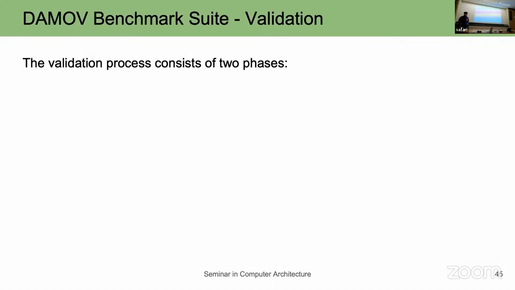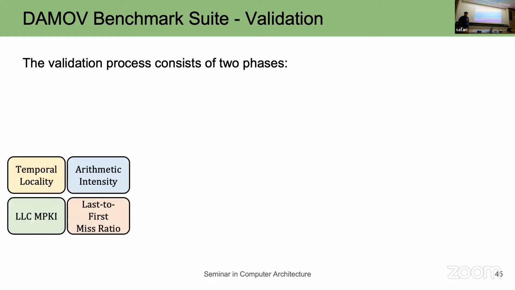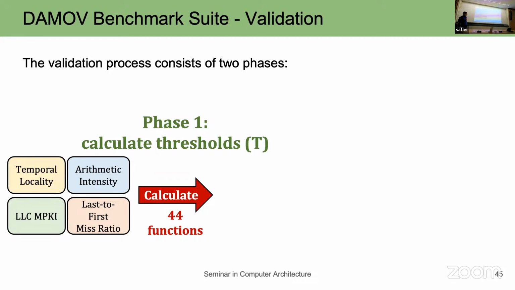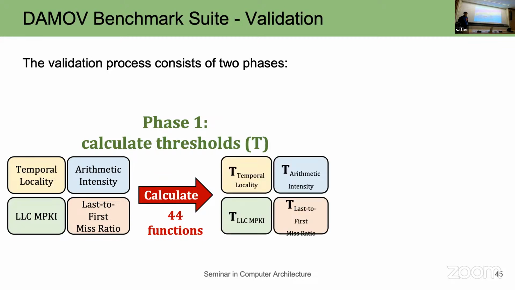So now that we've gone down the path of the 44 functions, we'll look at what we do with the remaining 100 functions. And we use these to validate our results. So first, we take those 4 metrics and with the 44 functions, calculate the thresholds.